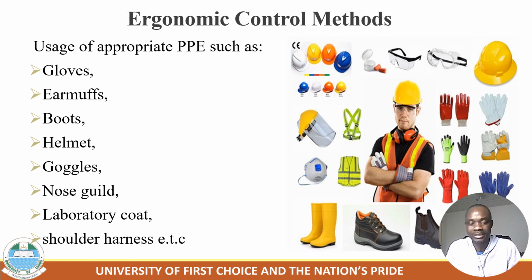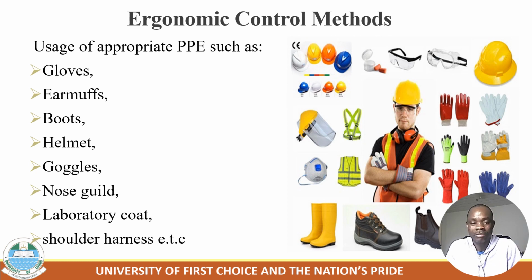And also the helmet. Helmet is a plastic cap you wear to cover your head. Not ordinary plastic. It is a special material used to produce that helmet to protect your head, or anybody that works in the workshop, from falling objects.